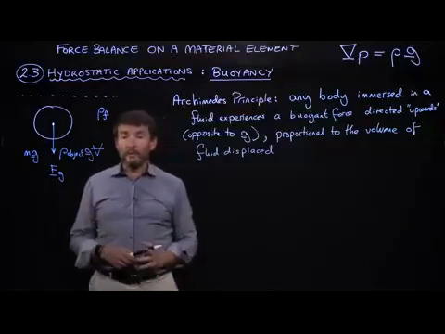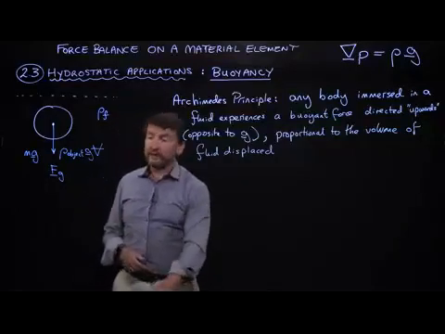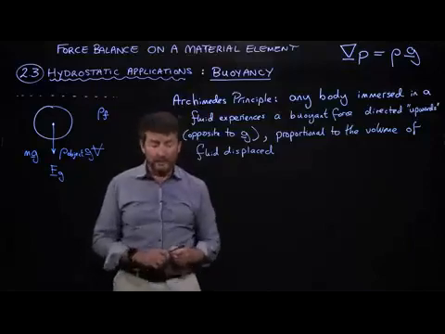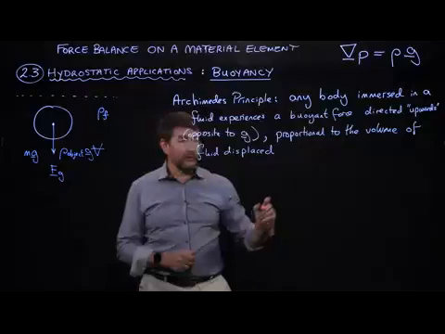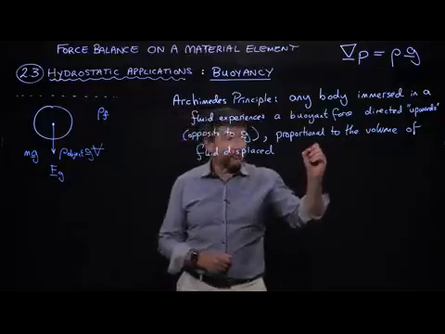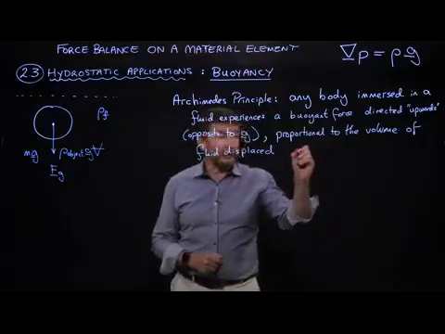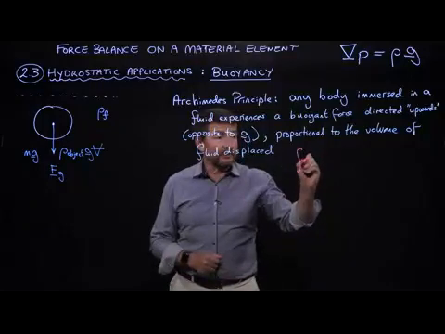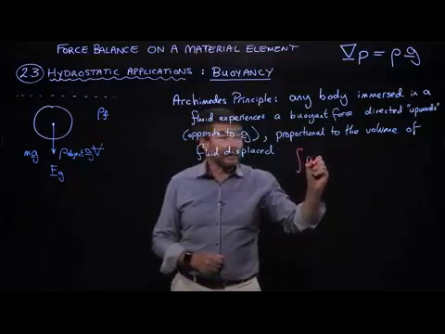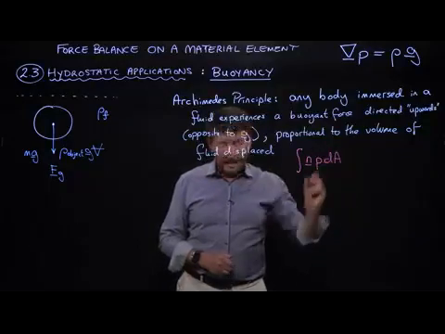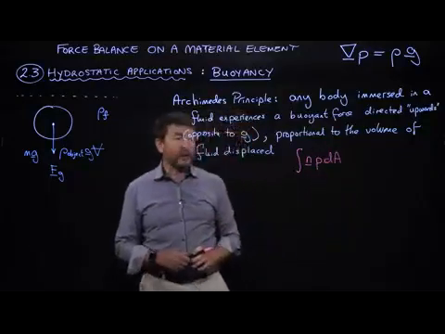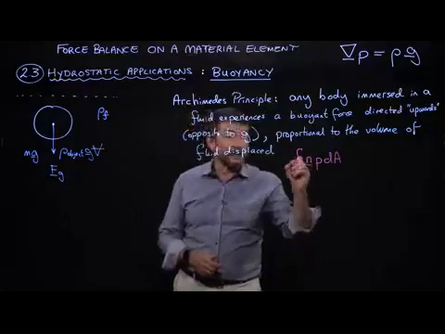We can derive this result very easily using Gauss's theorem, which we talked about last time, by recognizing that our hydrostatic force balance looks like this. And what we're really interested in is finding the integration of the pressure force acting on our material over the surface.